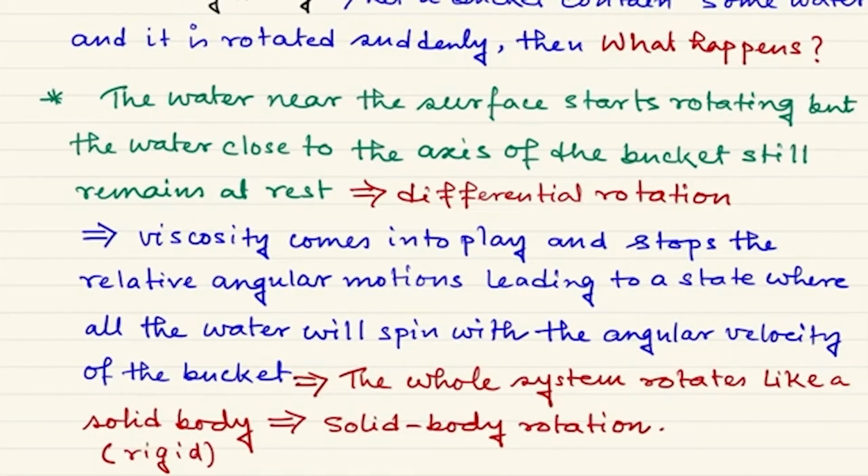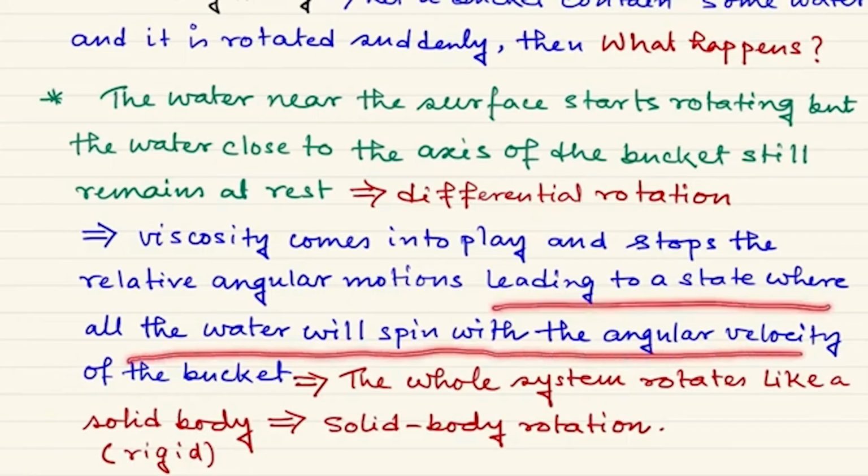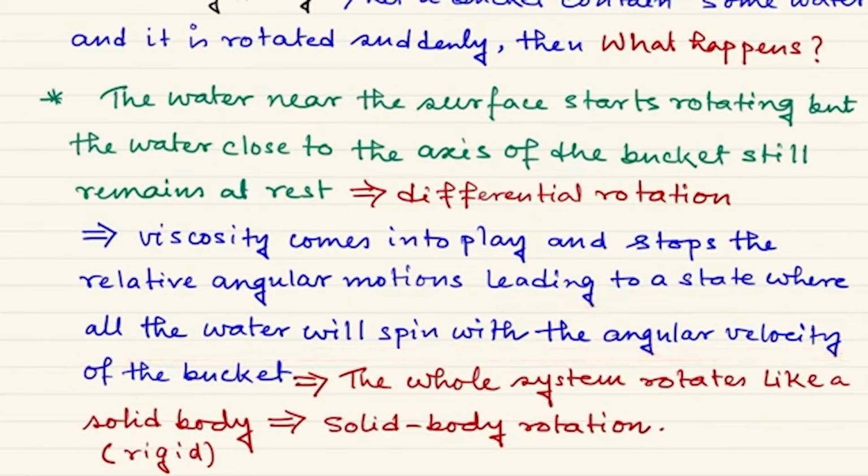Finally they end up making a compromise, and the relative angular motion stops. That leads to a state where all the water will finally spin with a constant angular velocity, which is nothing but the angular velocity of the bucket itself.